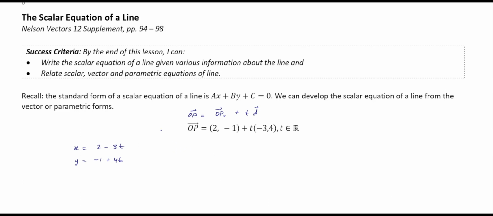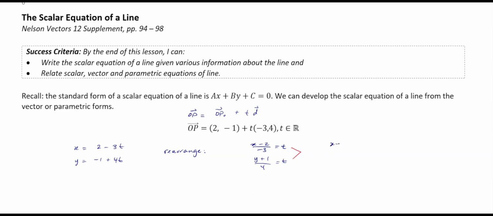So what I'll do is I'm going to rearrange them and isolate for t. Okay, so if they're both equal to t, then I can equate them.